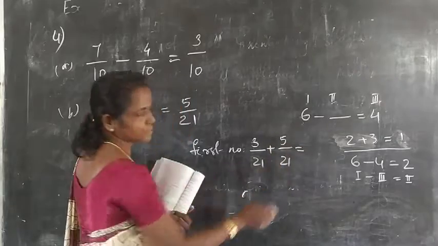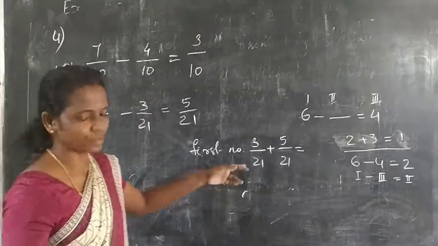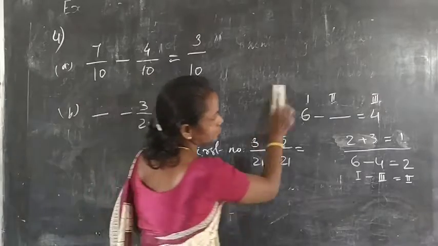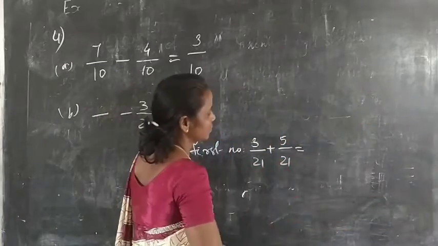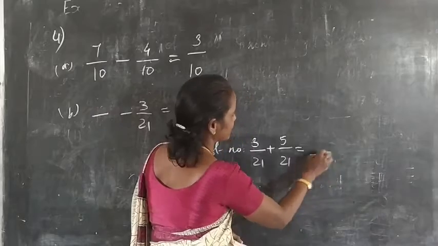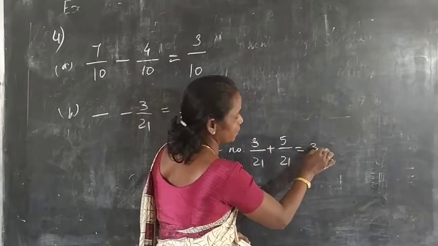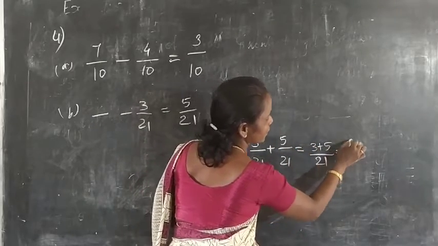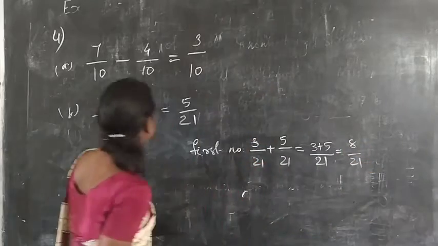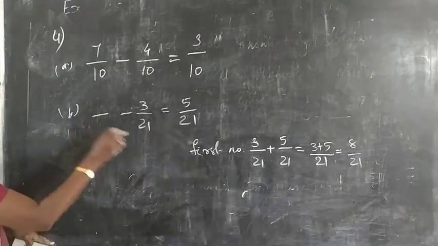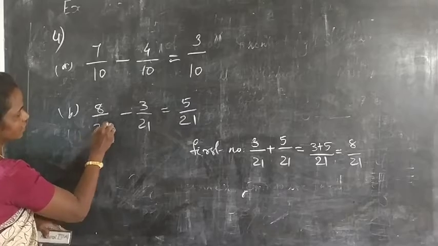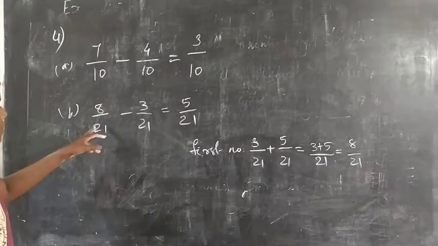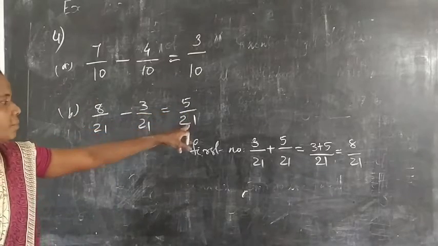Now look, which type of fraction is this? Like fractions. So we write the same denominator and add the numerators. 3 plus 5 is equal to which number? 8 by 21. So the first number here is 8 by 21. Is it clear?